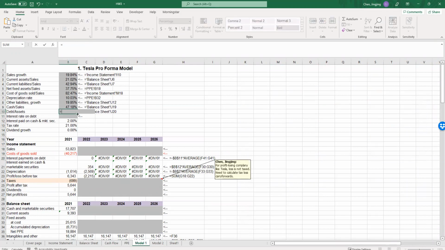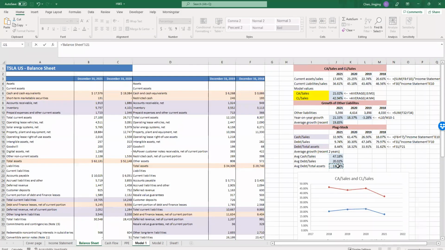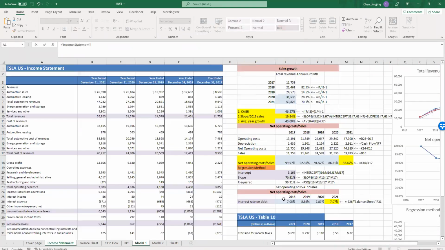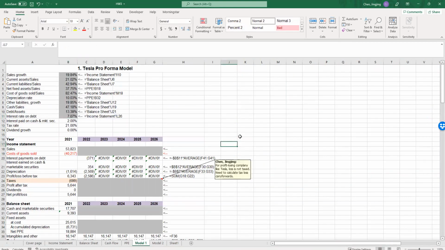Hold on, this is debt over assets. So this number. Interest rate on debt. Okay, then we can start building the model based on all of these assumptions.